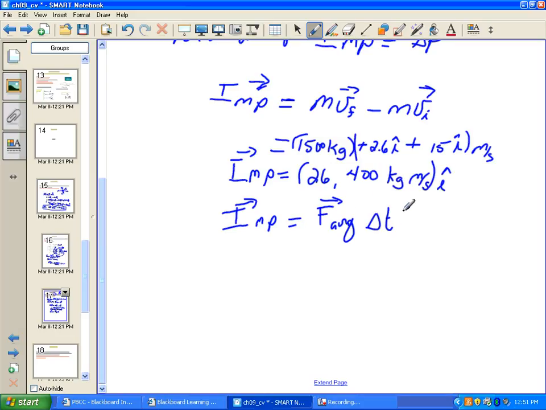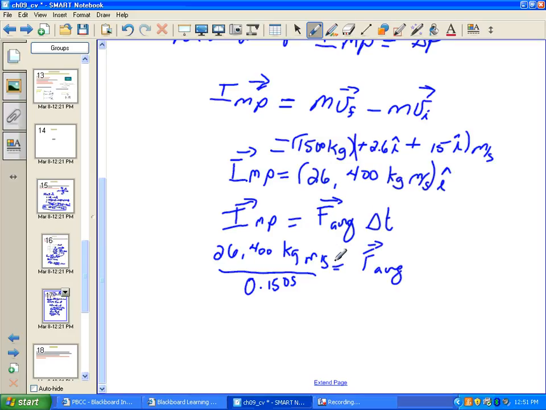And remember, they told us the contact time of the collision, in other words, the car in contact with the wall. 26,400 kilogram meters per second divided by the time of contact. They told us that was 0.15 seconds, is our average force.